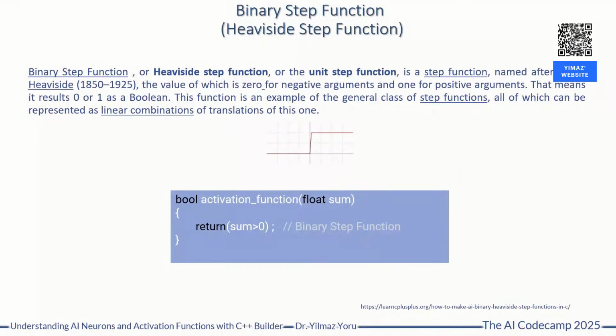This function is an example of the general class of step functions, all of which can be represented as linear combinations of translations of this one. So it's a bool function. It has a floating input, the sum of the net input value, and as a result we give 1 or 0. It depends on this summary. And here is a simple example of this in C++.